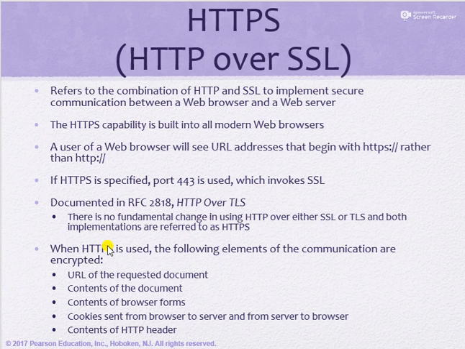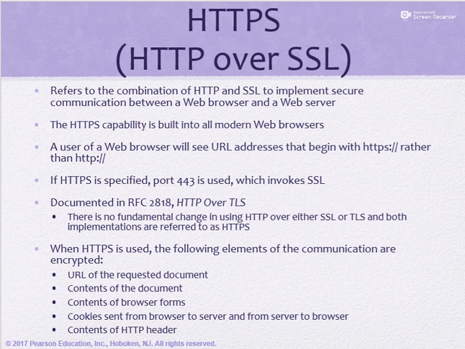The details of the HTTPS protocol can be found in RFC 2818, and there is no fundamental change in using HTTP on top of either SSL or TLS, and both implementations are referred to as HTTPS.